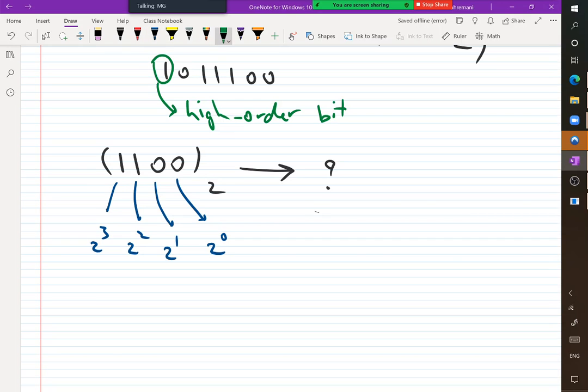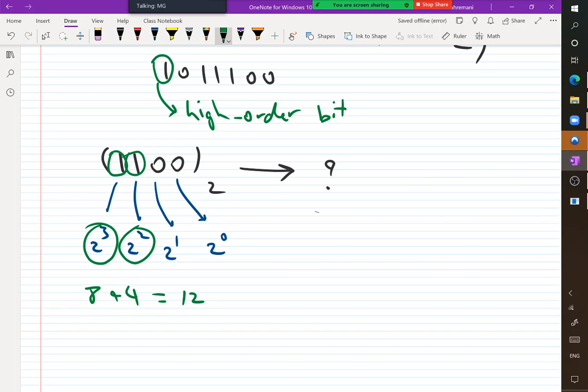These two have 1, so we say 8 plus 4 is equal to 12. So the number 1100 in base 2 is equal to 12 in base 10. Any question? It's simple. We already learned it in the lecture.